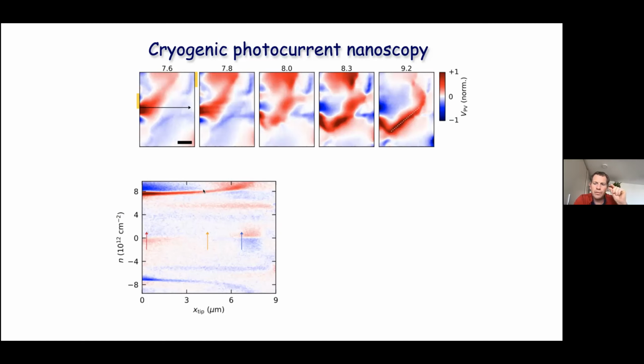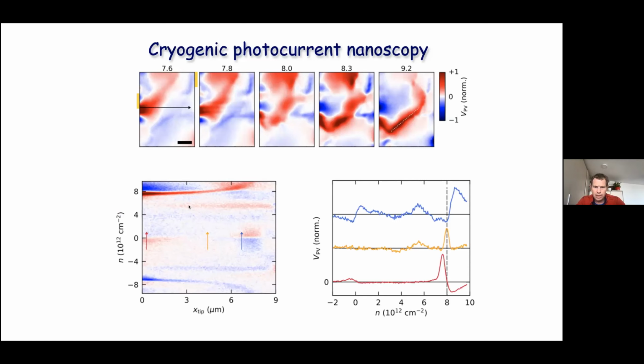The full filling condition depends on twist angle, because when I change the twist angle, the Moiré unit cell changes, and so the number of electrons that fit in one Moiré unit cell also changes. So this twist angle varies here, and I can follow that with this measurement.